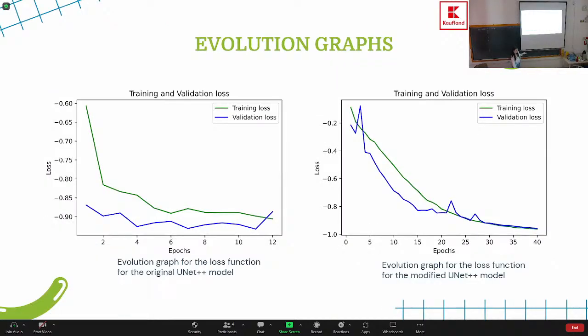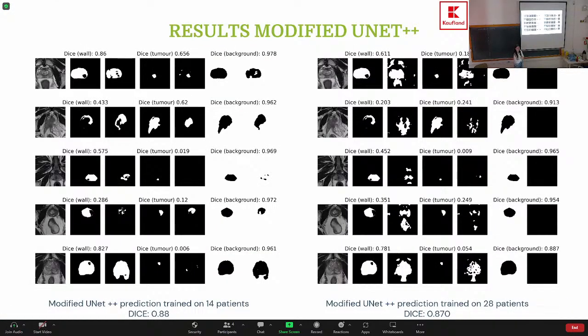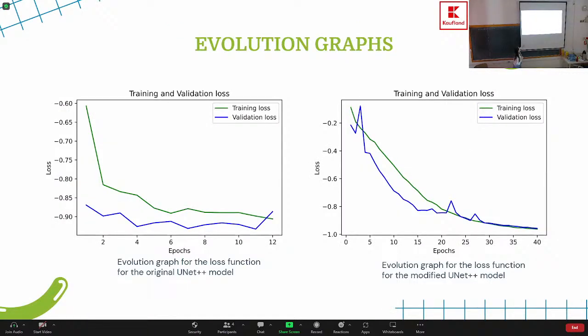Yeah, the one for 14 gave the best result. Now, as I said, for training the original UNet++ model, it only trained for 10 epochs because it received very good results at first, and then it stopped improving very fast on 5 epochs. And the modified one gives better results.